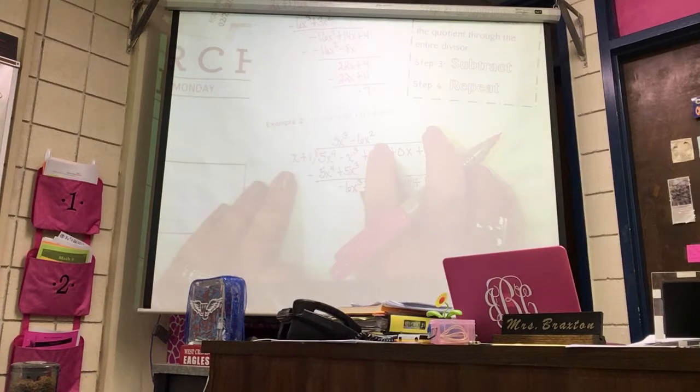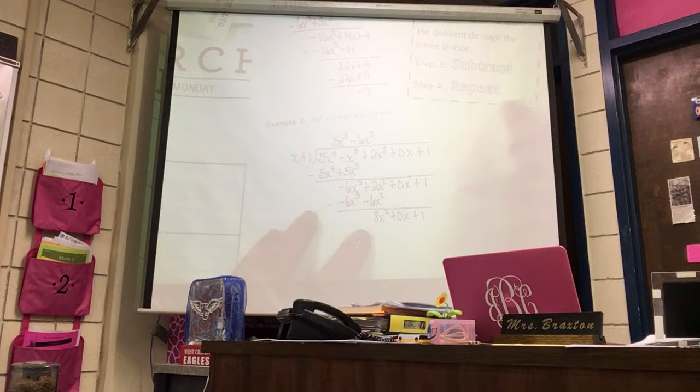Negative 6x squared times x is what? Negative 6x cubed. Negative 6x squared times 1 is negative 6x squared, and I subtract. They cancel. 2x squared subtract negative 6x squared is 8x squared.